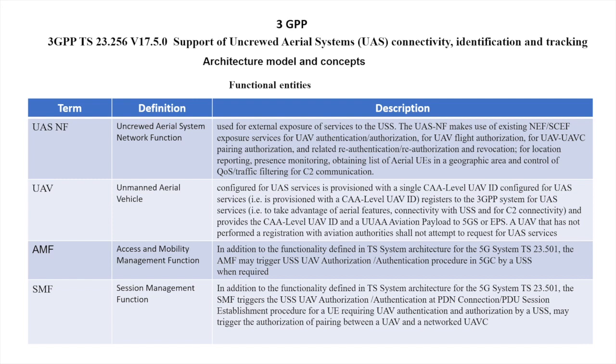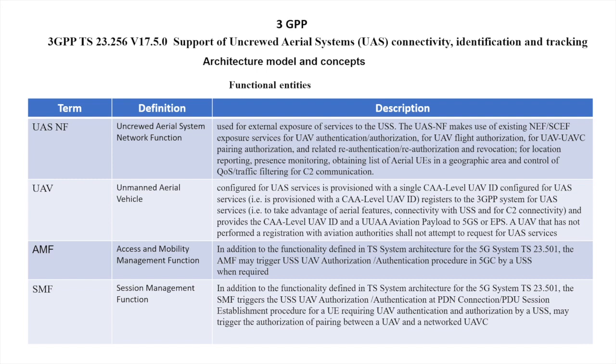UAV must have a CAA level UAV ID, also known as Drone Remote ID. A UAV that hasn't performed a registration with the Aviation Administration shall not attempt to request UAS services. In addition to existing functionality, the Access and Mobility Management Function, AMF, may trigger the USS UAV authorization authentication procedure in the 5G core by USS when required.